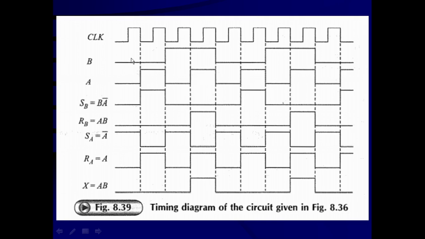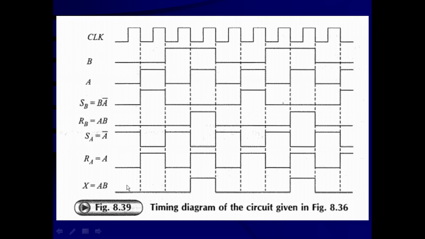B is complemented after 2 clock pulses: it starts at 0, then becomes 1 and remains 1 for 2 cycles, again for 2 cycles it remains 0, and again for 2 cycles it becomes 1. So this is the waveform for A and B.